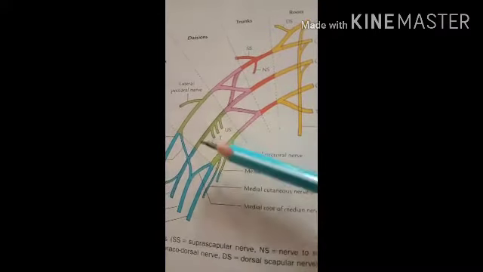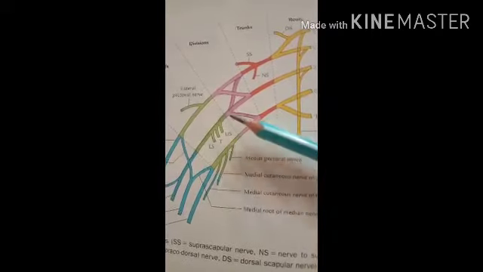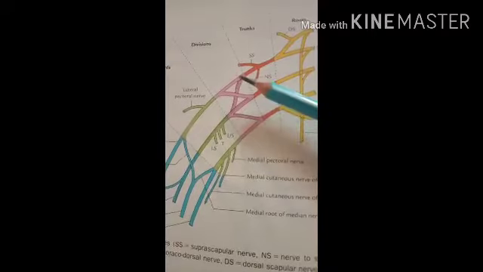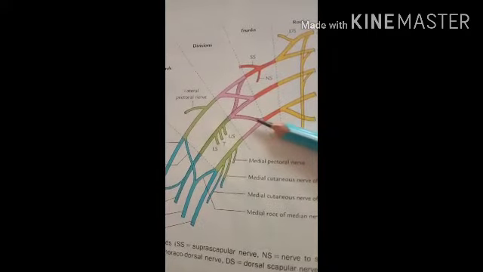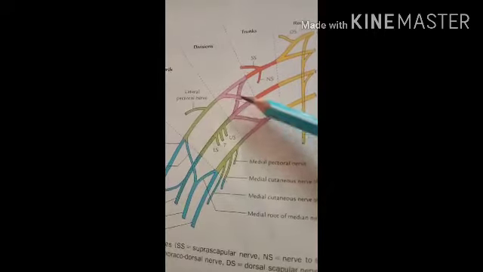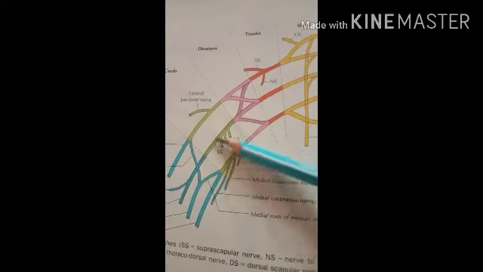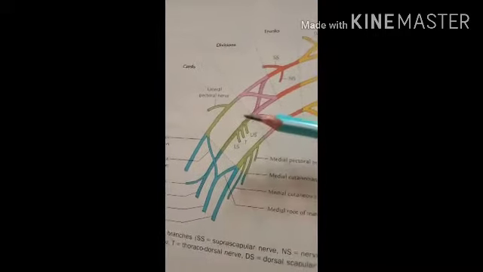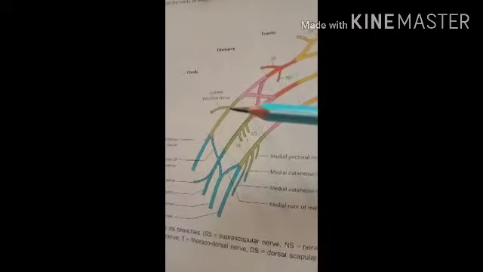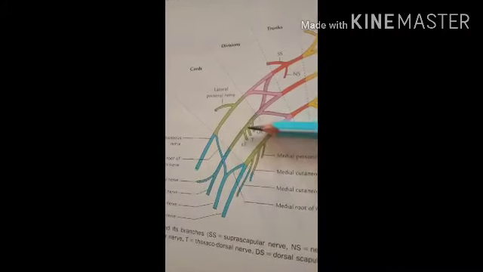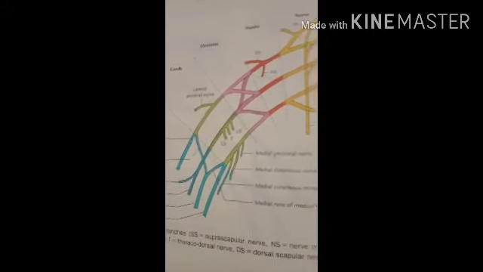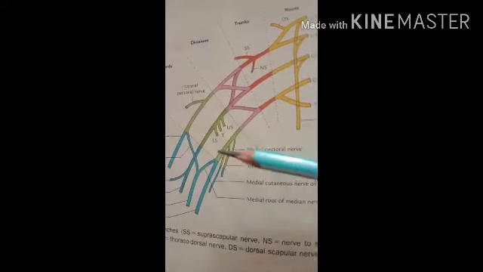And then the posterior cord. The posterior cord is formed by the union of the dorsal divisions of all 3 trunks, meaning the upper, middle and lower trunks. In this way the 3 cords are formed: the lateral cord, the posterior cord and the medial cord. Then the branches of the brachial plexus.